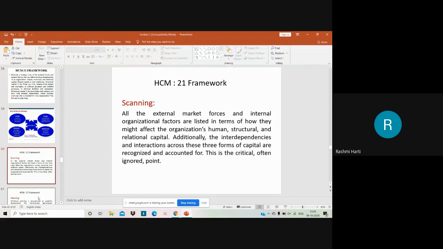Okay. So when we speak about human capital, it is nothing but the process of acquiring, training, managing, and retaining the employees for them to contribute effectively in the processes of the organization. So in other words, it is upgrading the existing skills of the employees and extracting the best out of them. It is nothing but human capital management. Okay. Now, that is what we say here. It goes on to build a relationship between the human, structural, and relational, and see how it affects the organization.